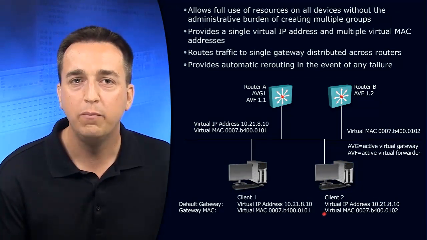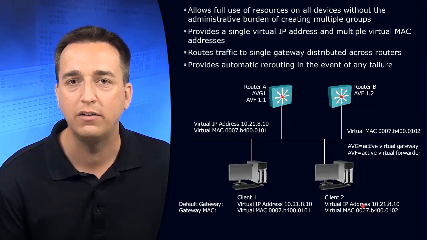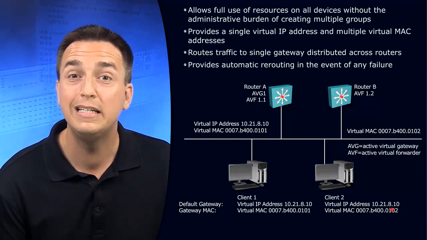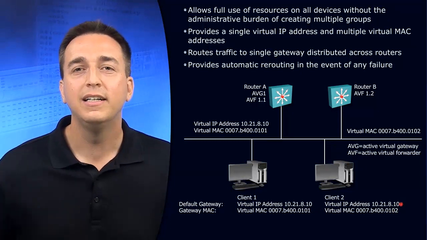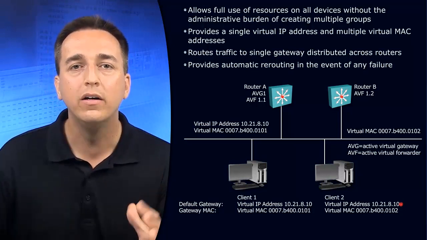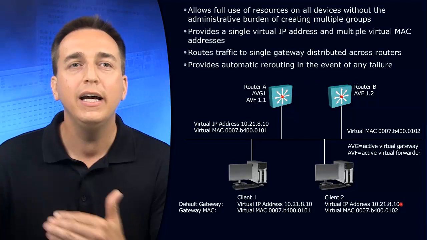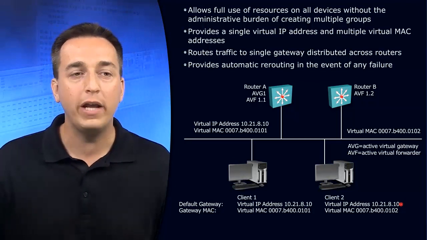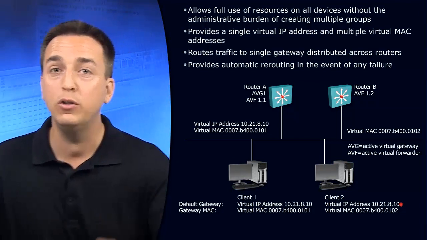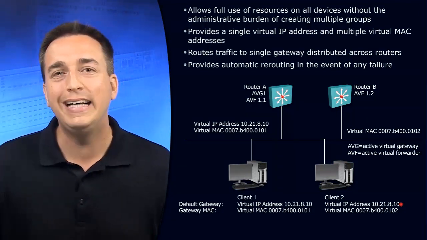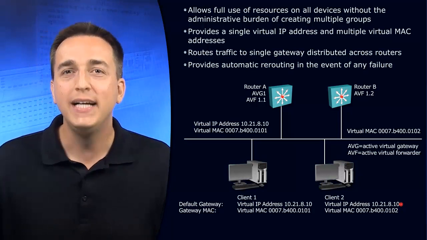But based on the MAC addresses, notice that their traffic is being sent to a completely different device at the distribution layer. Client 1's traffic is going to go to router A. Client 2 traffic is going to go to router B. Therefore, we have both distribution layer default gateways being used for the exact same subnet.